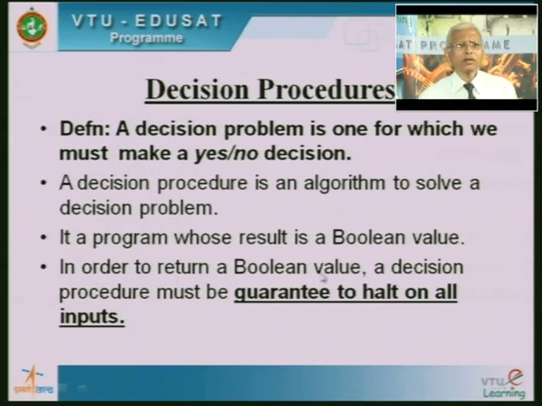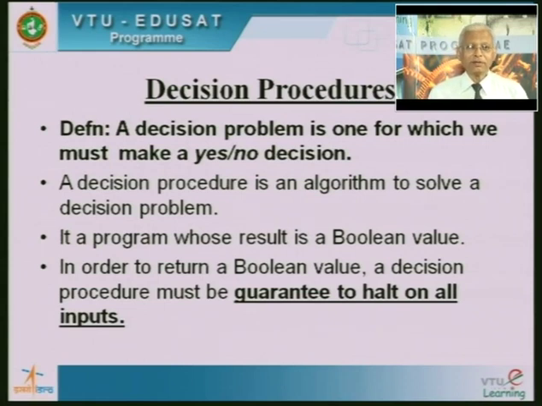In order to return a Boolean value, a decision procedure must guarantee to halt on all inputs. Very, very important is that one of the characteristics of an algorithm is that it must halt, no matter how much time it takes. But sometimes when you say no matter how much time it takes, the time should be meaningful. I have given you an example already. Suppose the students' exam is over, and tabulation is done.